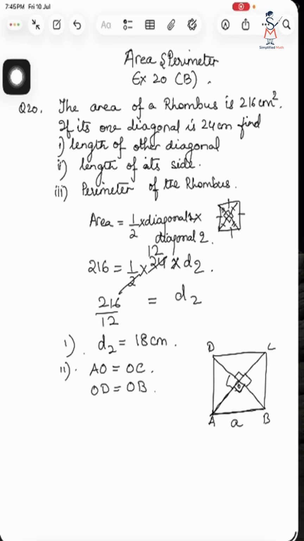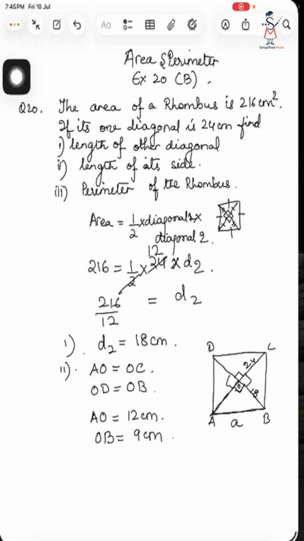Fine. So AC is how much? AC is one of the diagonals, let it be 24. And the other we calculated as 18, let it be 18. So AO will be half of AC, that will be 12 centimeter. And OB will be how much? Half of 18, the other diagonal, that is 9 centimeter.